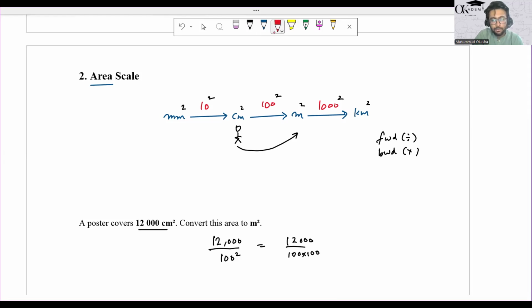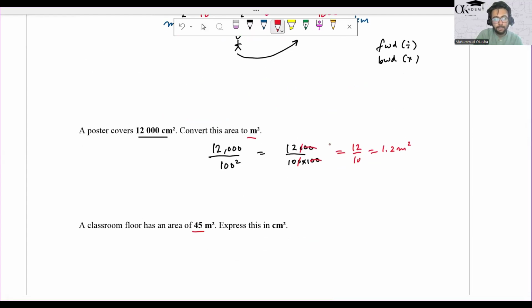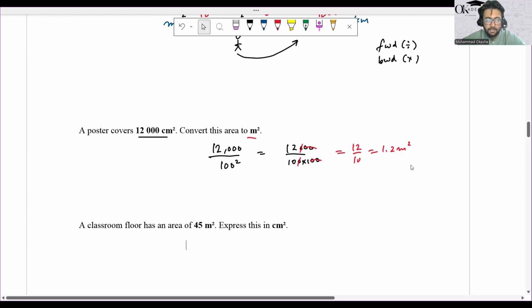If you want to cancel out the zeros, you can. Otherwise, you could just use a calculator. 1 zero cancels out, 1 zero cancels out. 12 divided by 10 is going to be 1.2. Final unit is meter squared. A classroom floor has an area of 45 meters squared.